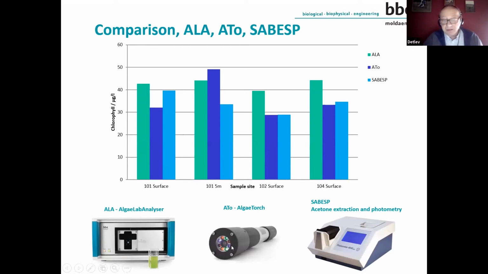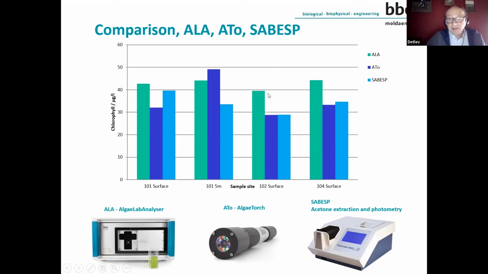We have here the measurements from the field, which I showed before, and we have here the classical way to determine spectrophotometrically by extraction of the pigments in acetone and measuring the dissolved pigments inside of a photometer. What you see here, we have the samples as before, and we compared the 3 instruments, and I would say fairly good.